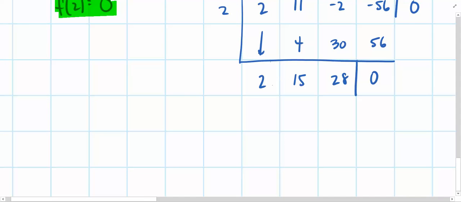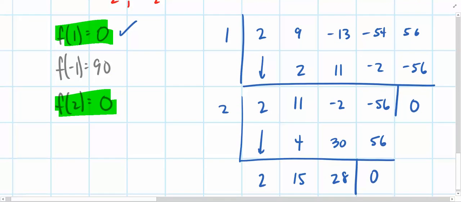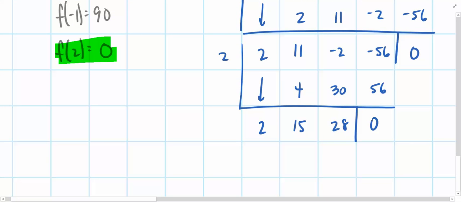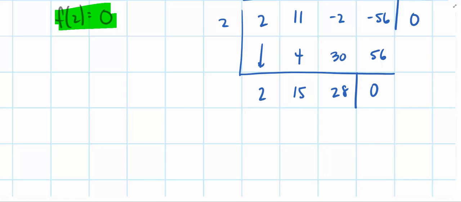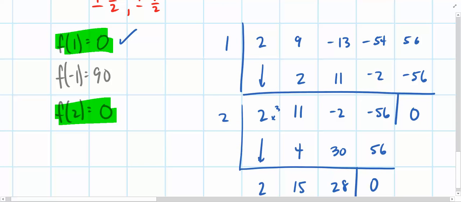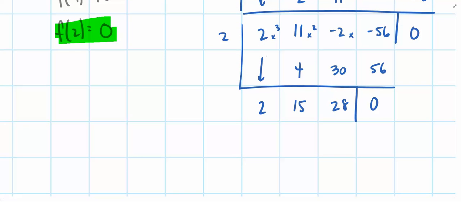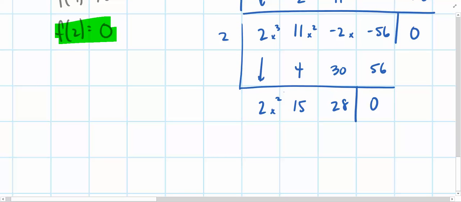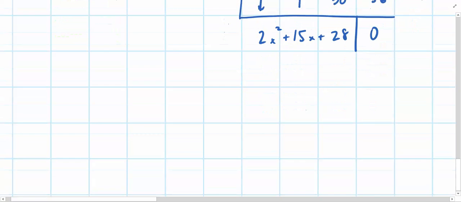And so what we're left with here, and actually what we were left with after each division, was a polynomial that had 1 degree less than the one prior to it. So this result was a polynomial to the 3rd degree. And this is now a polynomial to the 2nd degree, 2x squared plus 15x plus 28.